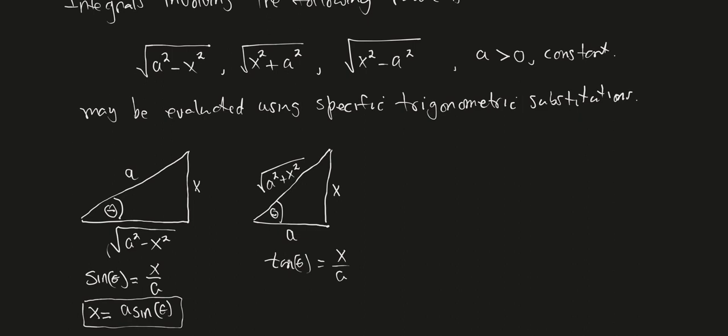So whenever I have a radical of this particular form, this equation, x equals a tangent theta, is going to give me a way of simplifying this expression so that it becomes a perfect square. All right, so we got 2 out of the 3.